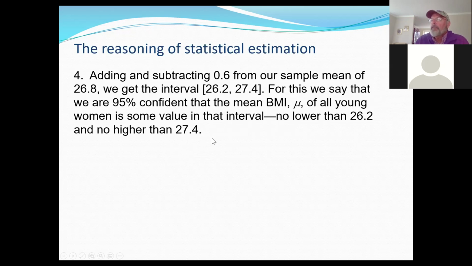Now, I'm going to give you a statement that sort of says what is really happening here. We are 95% confident that the mean BMI for this population, mu, okay, we are 95% confident that the mean BMI of all young women is a value inside the interval of 26.2 and 27.4.